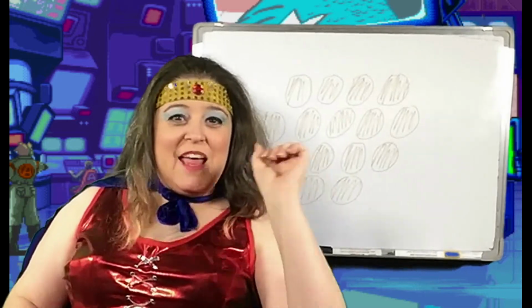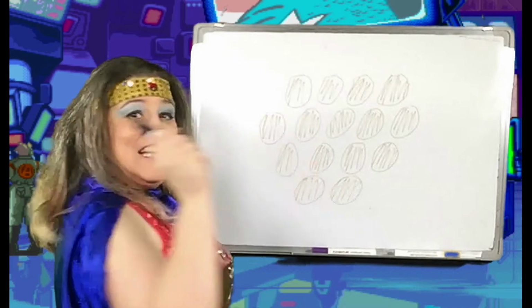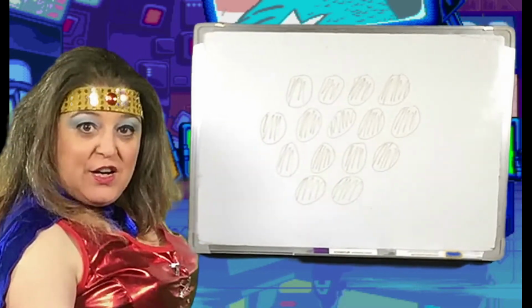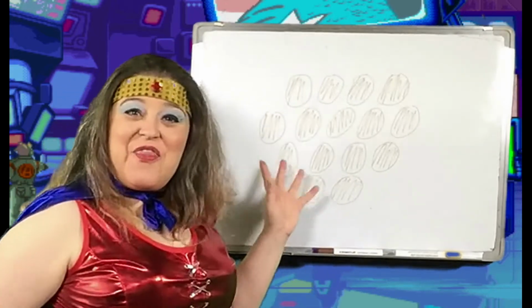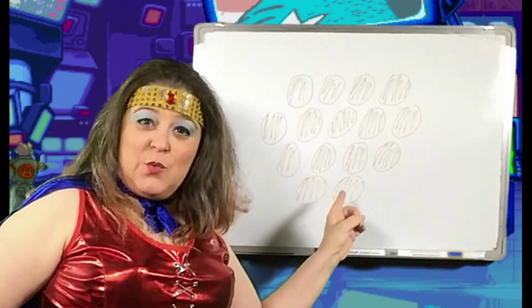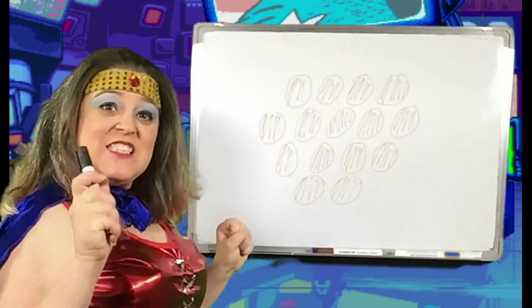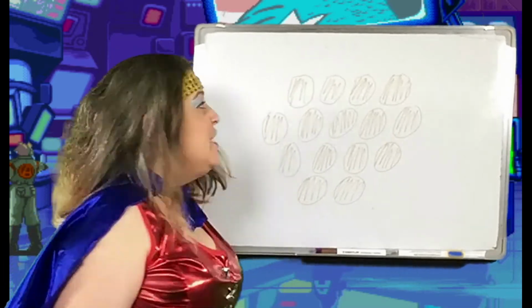Now, this time I want you to find and circle 1/3 of this group. 1/3 of the kiwis. So you need to figure out how many kiwis to circle to show 1/3.